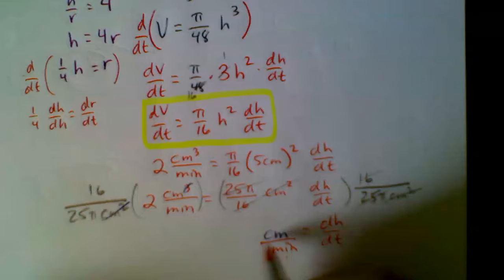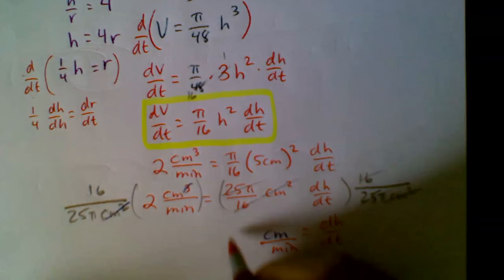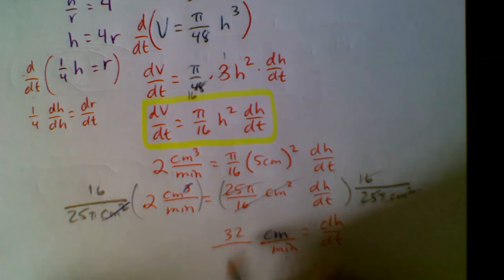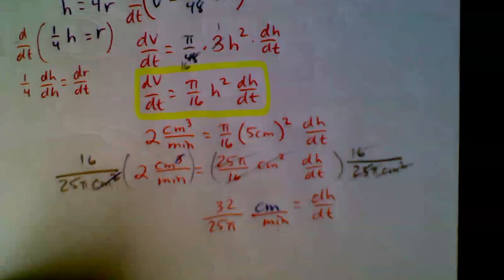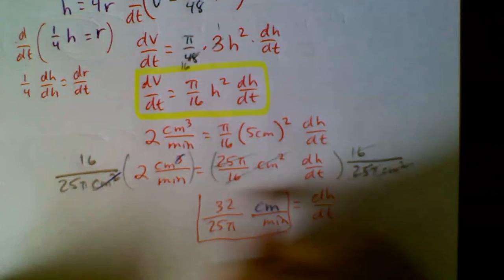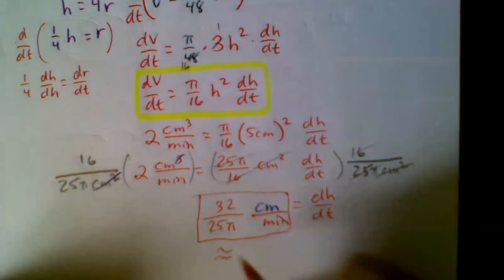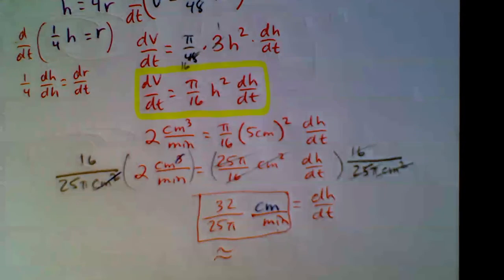And then we have 32 over 25 pi. And that's our final answer. If you were just curious what this is as a decimal approximation, let me see.